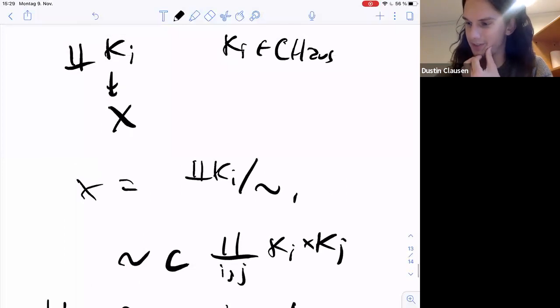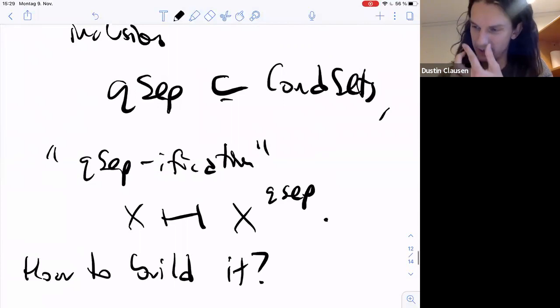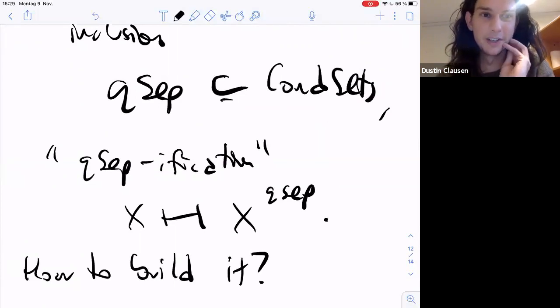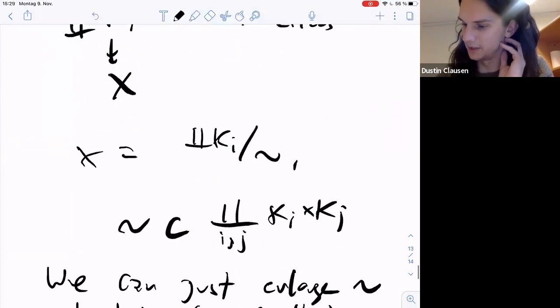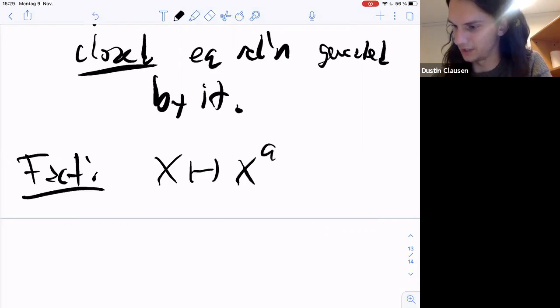And then if you do this, it's quite easy to check that it satisfies the universal mapping property required to be the quasi-separification. Therefore, in particular, it's independent of the presentation that you chose. And there's an important fact, which is that this X goes to X quasi-separated preserves finite products.